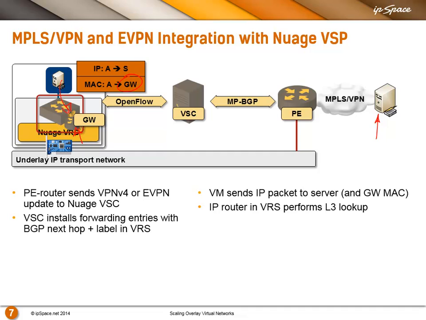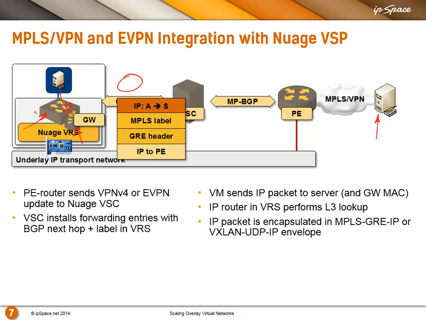Obviously, this happens if we are talking about layer 3 functionality, for example, with MPLS VPN. If we're talking about EVPN, the subnet might stretch further out toward the WAN, in which case the VM would send the packet to some other MAC address, and the layer 2 code in VRS would do layer 2 lookup based on the EVPN information.